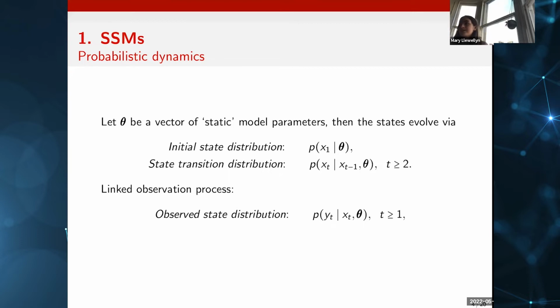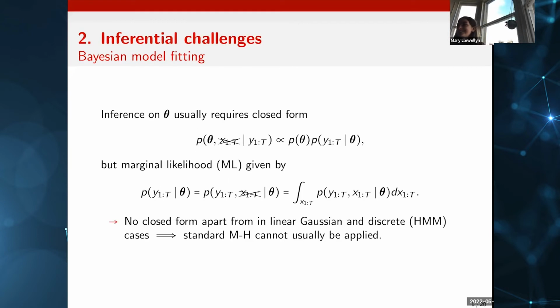Okay, that's fine. So now we've got the definition of a state-space model. I'm going to give a brief overview of the challenges associated with fitting them in the Bayesian context. So usually, not always, but usually we're interested in inference on this posterior distribution. And I'm going to assume that that's the case here.